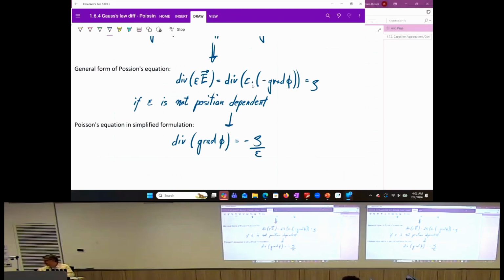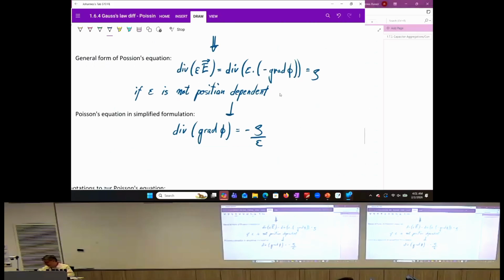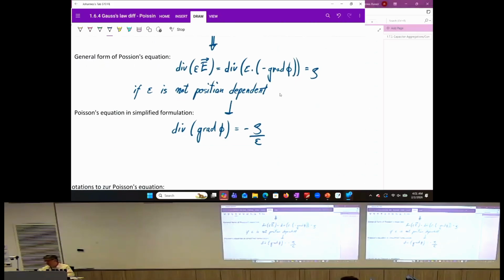And because the epsilon is not position dependent, we can pull it out of the divergence. Otherwise, it would contribute to the divergence, and we could not do that just like that. But because epsilon has no spatial dependence, we can pull it out of this divergence operator, right?